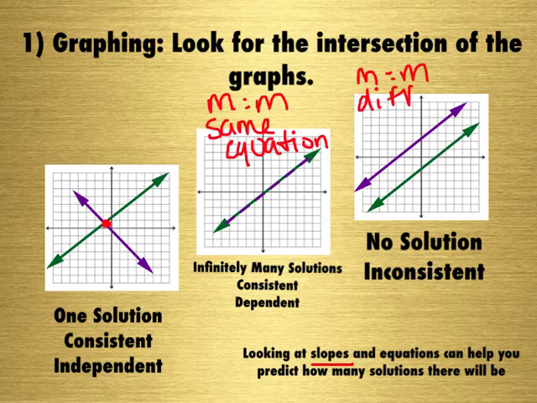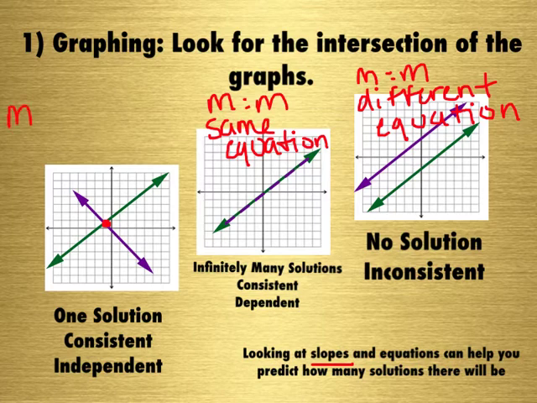If they are different equations, then they will have no solution. But that's if the slope is the same. Now, if the slope is different, then you will have one solution, consistent and independent.